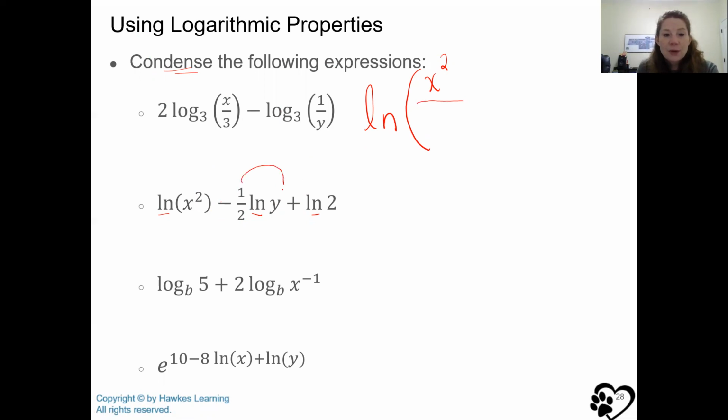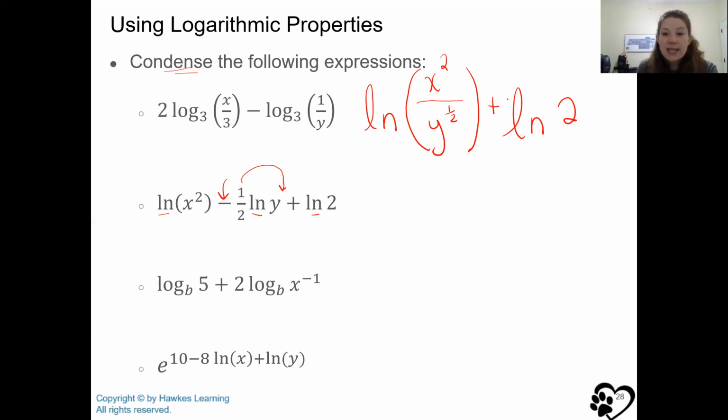This gets thrown over here with the y. So I'm going to write y to the 1/2. It's not negative 1/2. The negative just means we divided, right? And then I see plus ln of 2, okay?